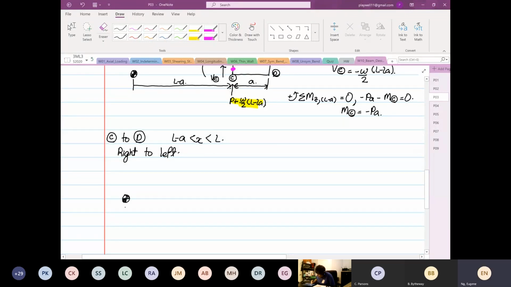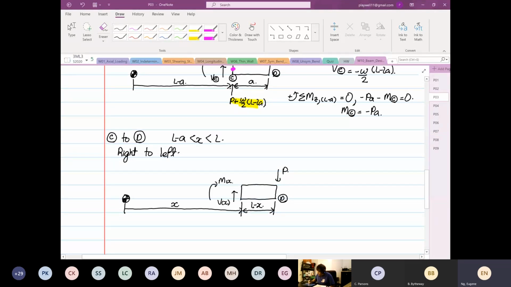This is our point, and over here, this becomes your x. The distance from here to here will become L minus x. This is point D. You avoid point C so you don't have the reaction force. So you have P down here, and then over here, V as a function of x, and M as a function of x.